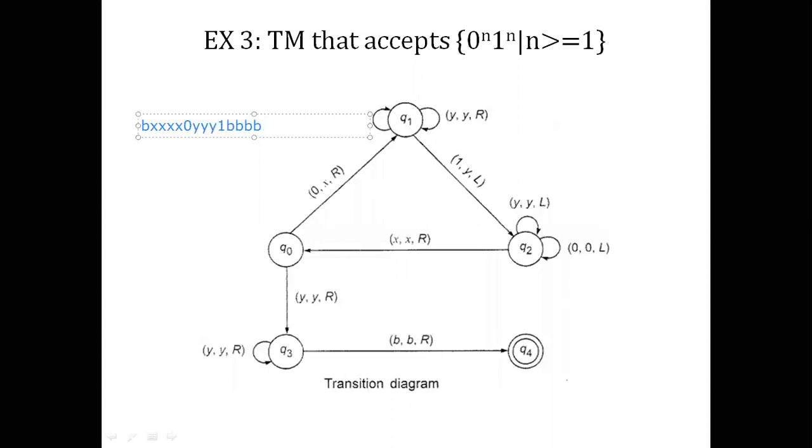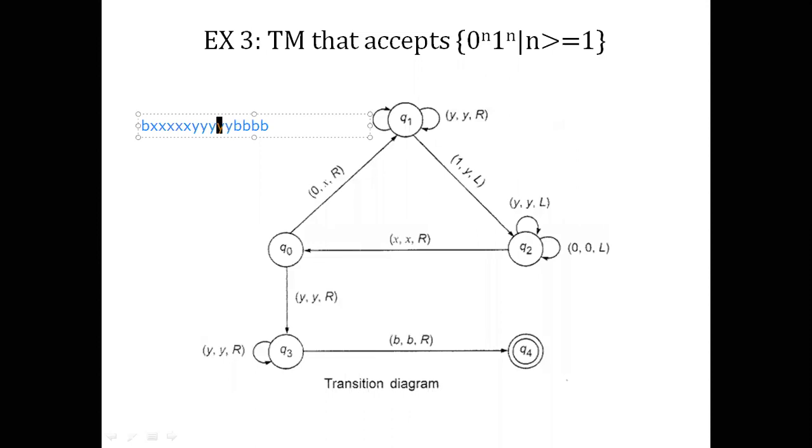The Turing machine will move and keep on replacing like this. So for every X that I write, I should have one occurrence of the symbol 1 which I can replace with Y.